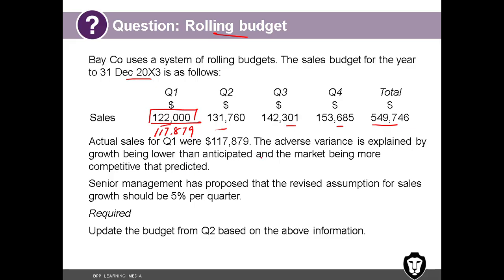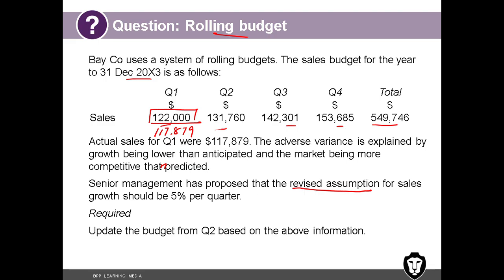The adverse variance is explained by growth being lower than anticipated and the market being more competitive than predicted. Senior management has proposed that the revised assumption, there you go, the assumption changes. Revised assumption for sales growth should be 5% per quarter. Update the budget from Q2 based on the above information.